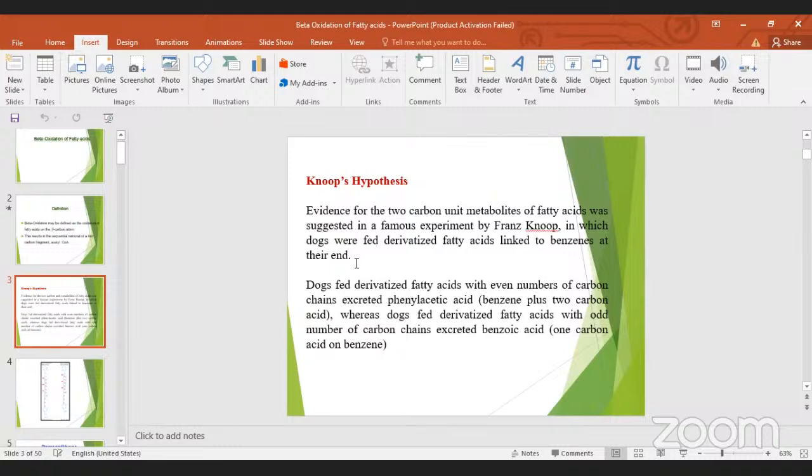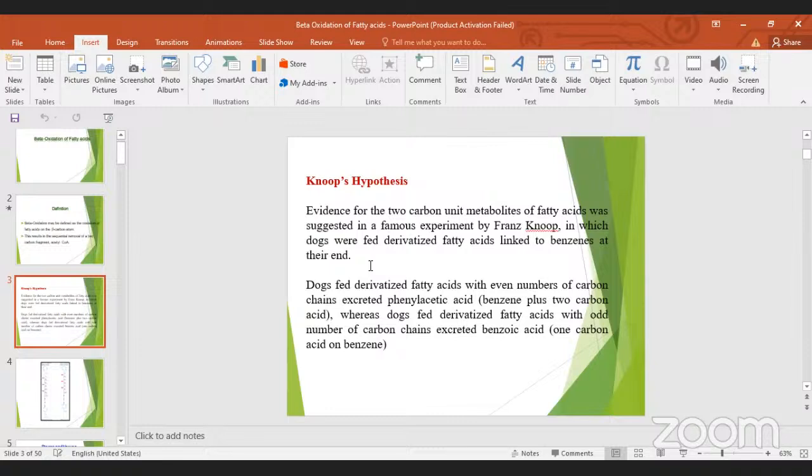Knoop's hypothesis, the evidence for two carbon unit metabolites of fatty acids, was suggested in a famous experiment by the French scientist Knoop, in which dogs were fed derivatized fatty acids linked to benzene at the terminal end. Dogs fed derivatized fatty acid with an even number of carbon chain excreted phenylacetic acid, that is benzene plus two carbon acid, whereas dogs fed derivatized fatty acid with an odd number of carbon chain excreted benzoic acid.